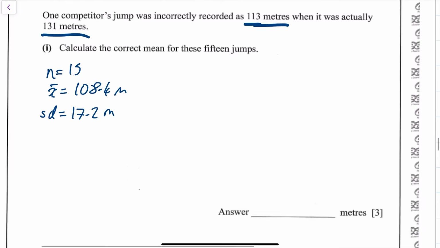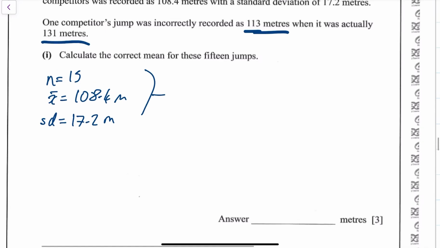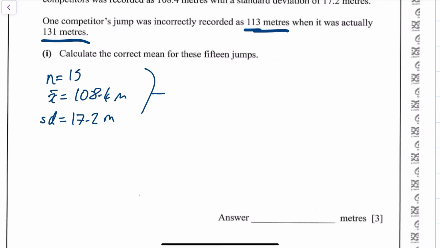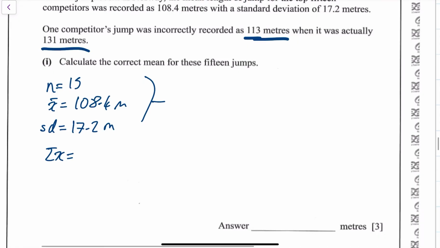So first of all, what we want to use this for is to find what the original sigma x was, the original total. It says here, calculate the correct mean for these 15 jumps. So you want to find the original sigma x, so it's going to be 15 times your mean. I've done this already, that was 1626.